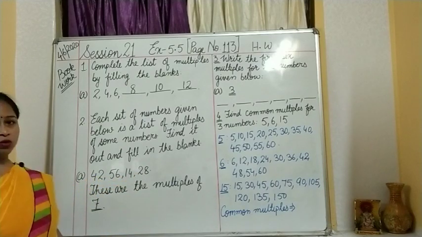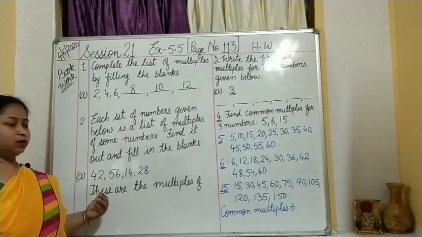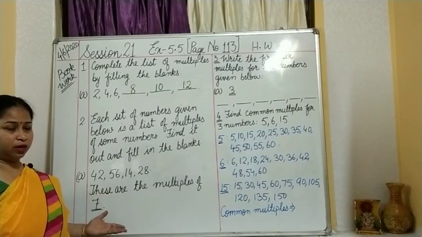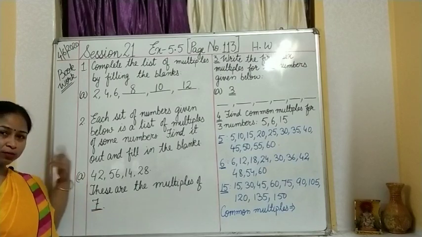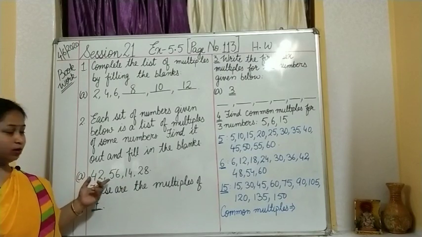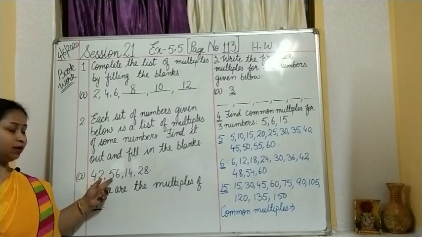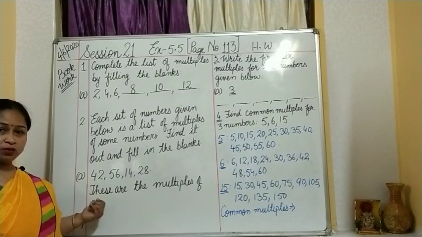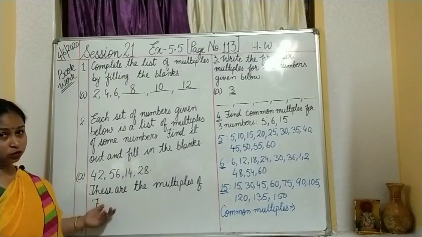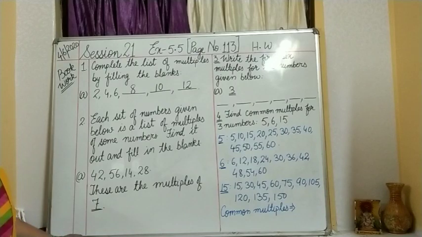Immediately 7 appears, though it is a multiple of 2 also. 7 twos are 14, 7 fours are 28, 7 sixes are 42, 7 eights are 56. So multiples of 7. You can write 2 over here also, because all these numbers are divisible by 2 also.